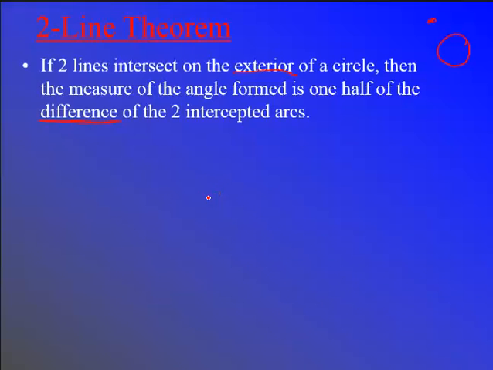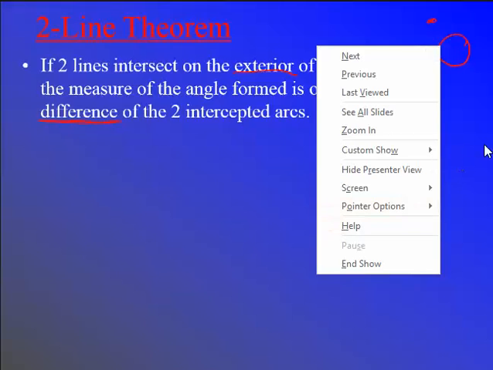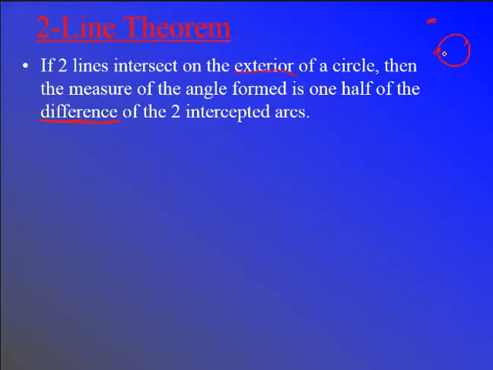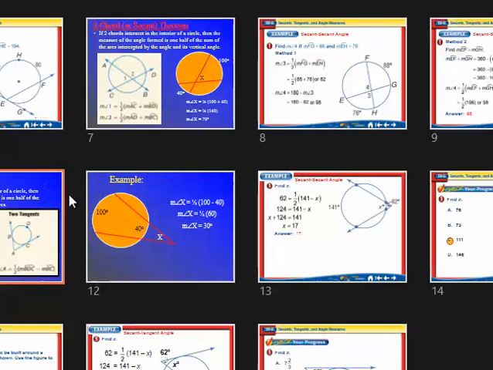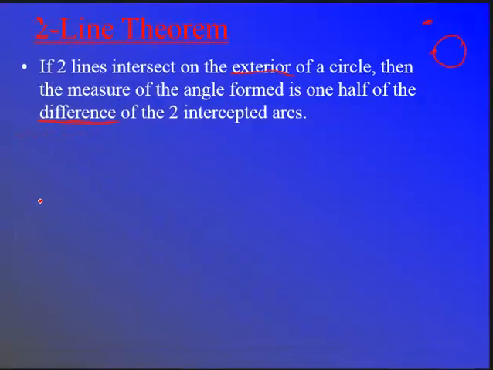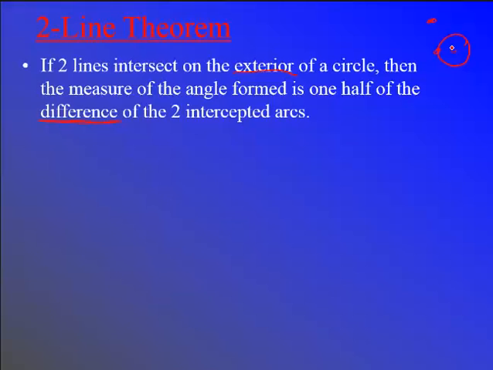But in one, when the point was on the circle, we just took half. When it was in the circle, we added and divided by 2. And now if it's on the outside, we're going to subtract and divide by 2.